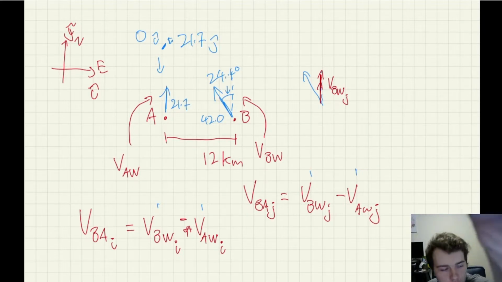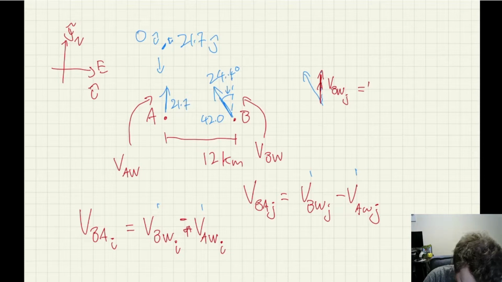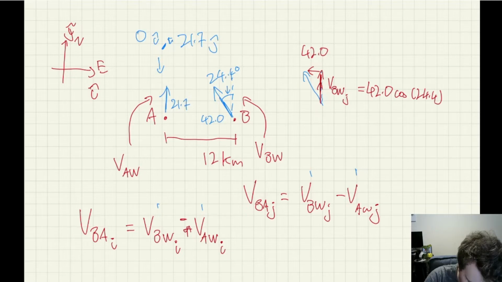Maybe I'll move this down. There we go. Okay. Is 42.0 cosine 24.4. And this component here is 42.0 times cosine of 24.4.